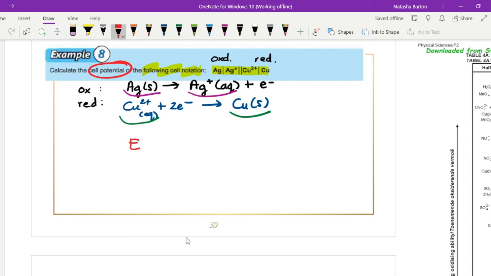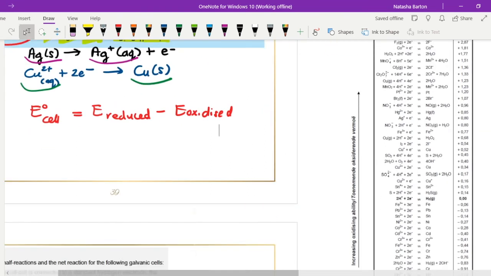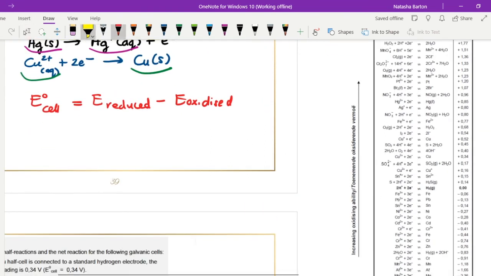So E0 cell is equal to E reduced minus E oxidized. Please don't shorten this. Write it down as it is given on your formula sheet, just as I have. So we're looking for silver that loses 1 electron, and we're looking for copper.